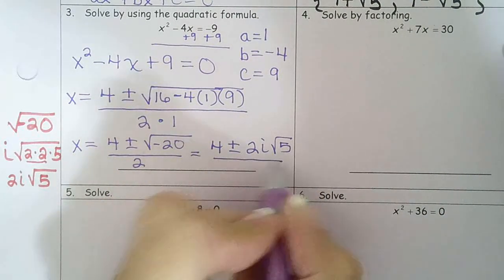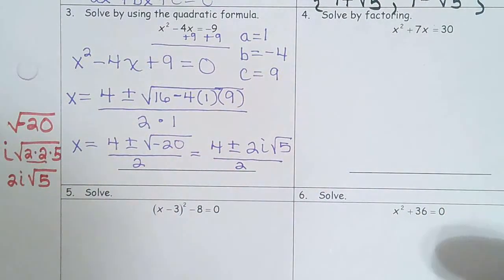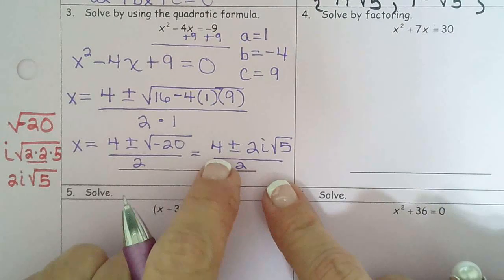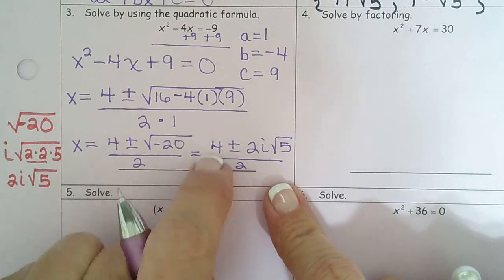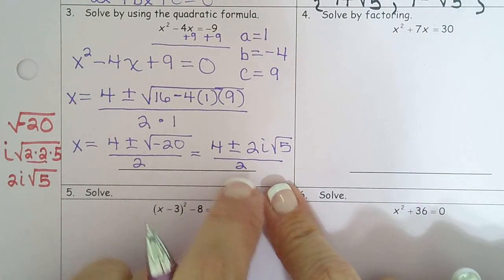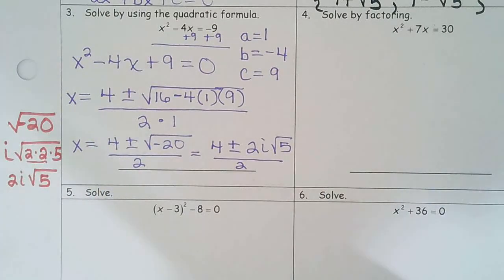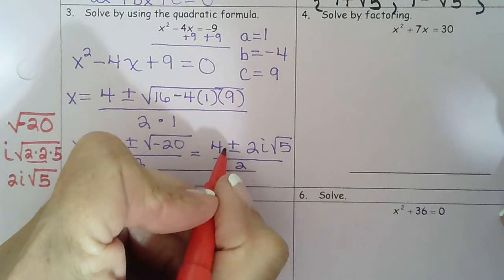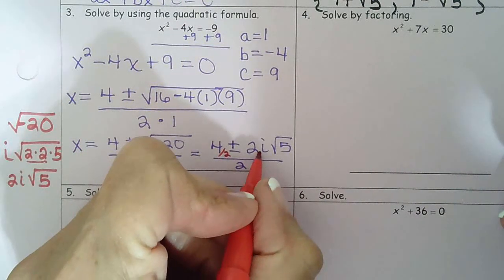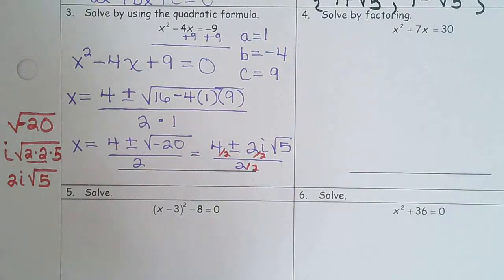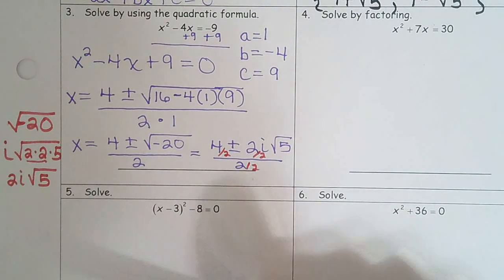over 2. So then the other thing we learned in 7.2 was if there's a GCF between all three terms, we can divide that GCF out. So there is a GCF of 2, so that means each one of these terms can be divided by 2. And that leaves it over 1, which I don't need to write.